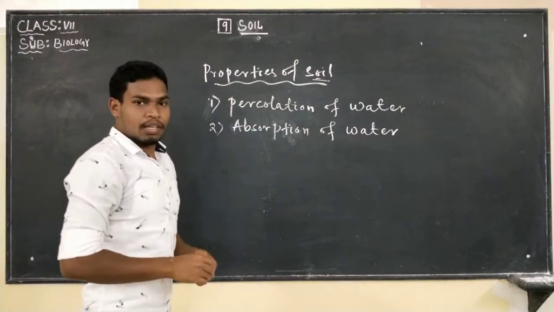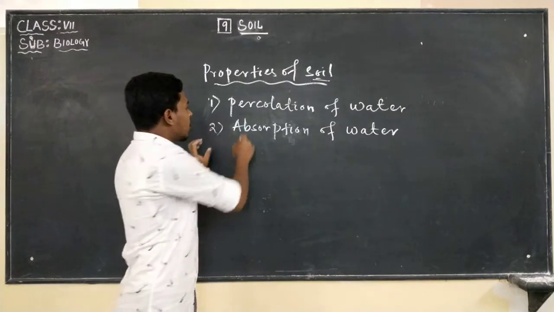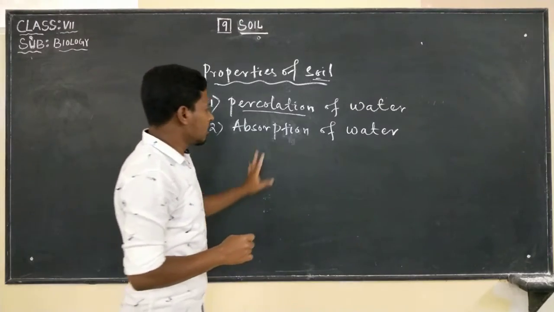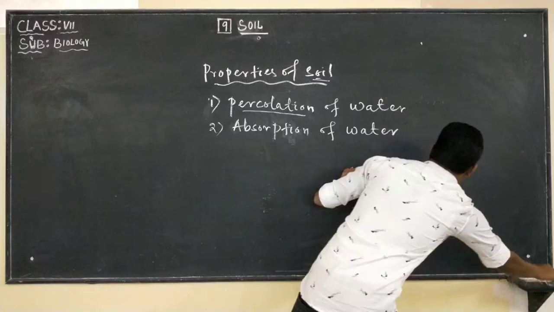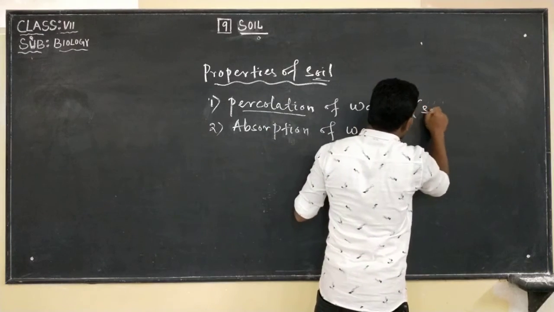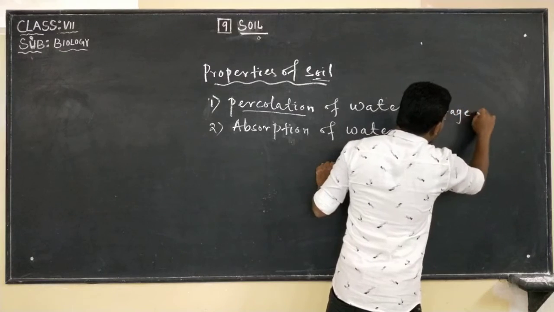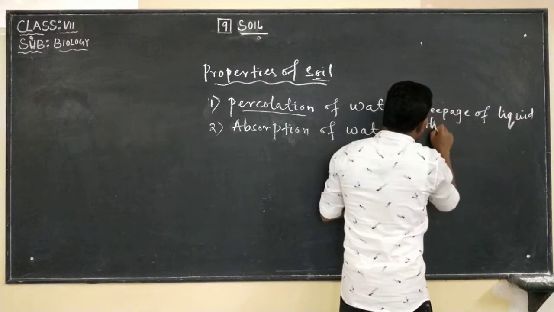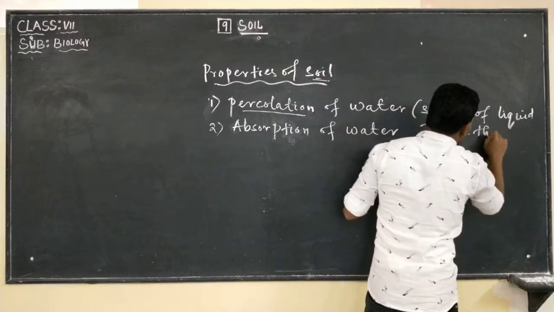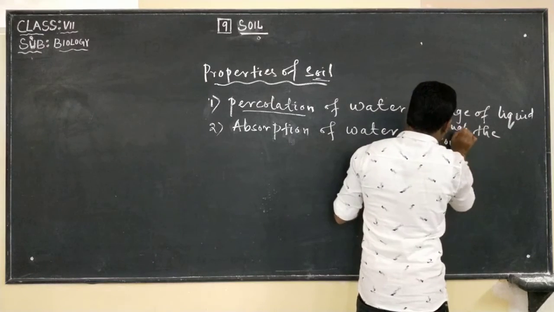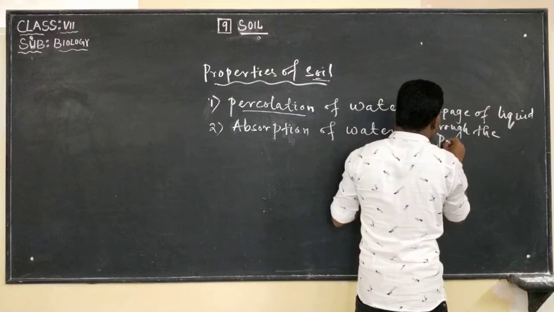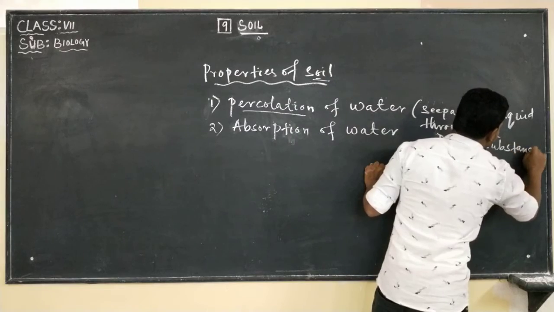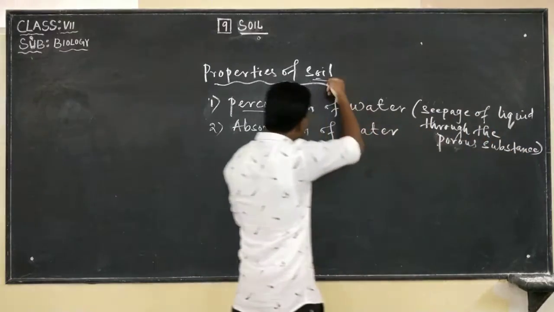So percolation means what? In simple words, percolation is the seepage of liquid through porous substances. Here the porous substance is soil.